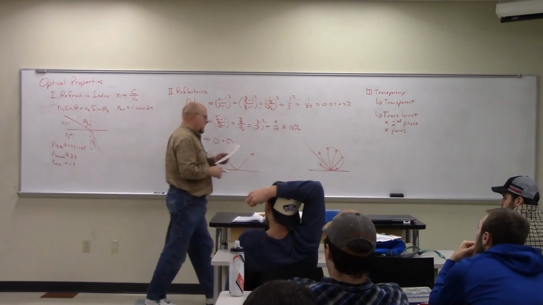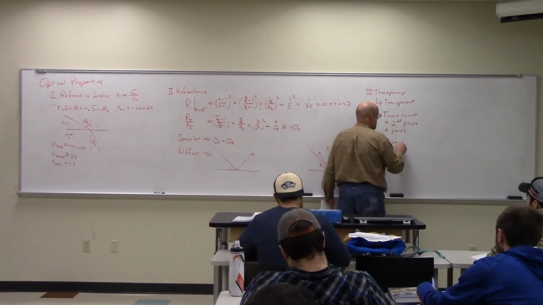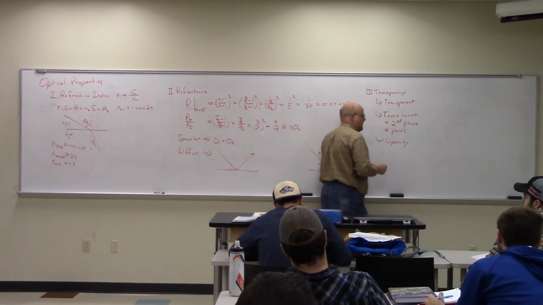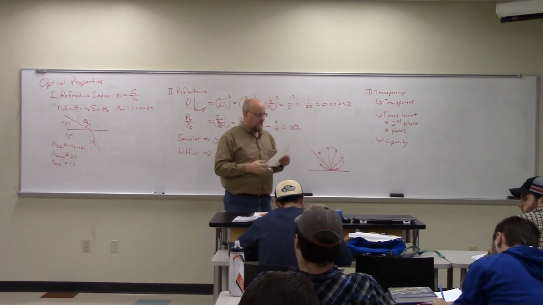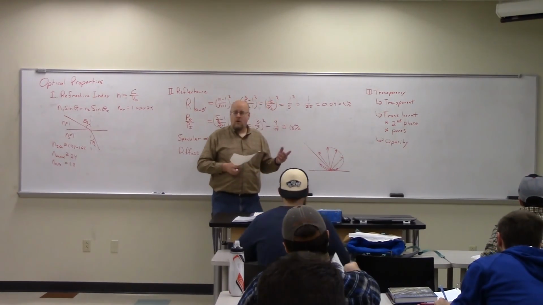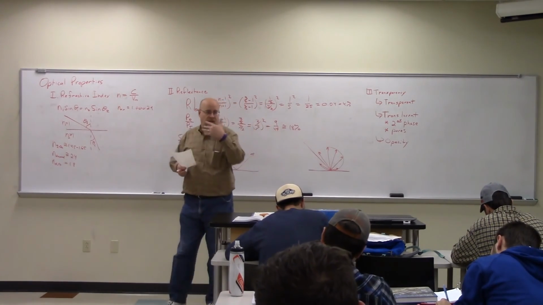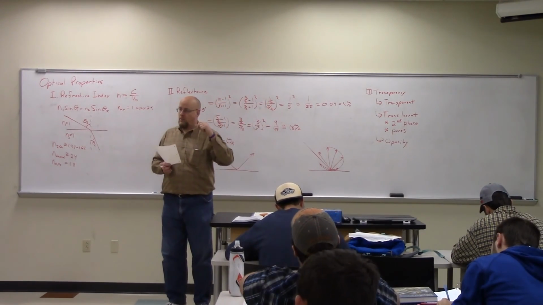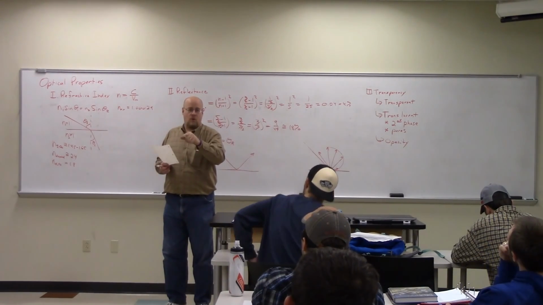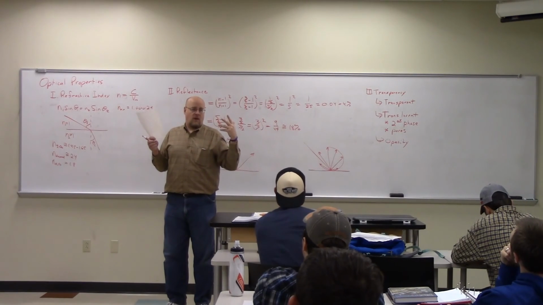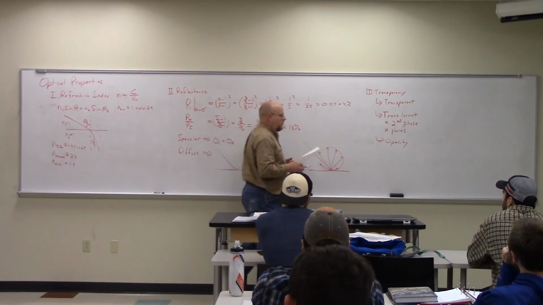Sorry, talking too much. The third category then is opacity. And that is where it absorbs the light. You get no light through. So opacity can be because all the light was scattered back out the front and nothing made it through. In the Corningware example, if I shine a laser on the Corningware and no light goes through, it's because all the laser light is scattered out the front side. Or it could be by absorption.